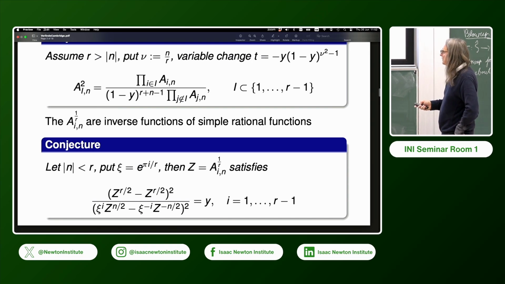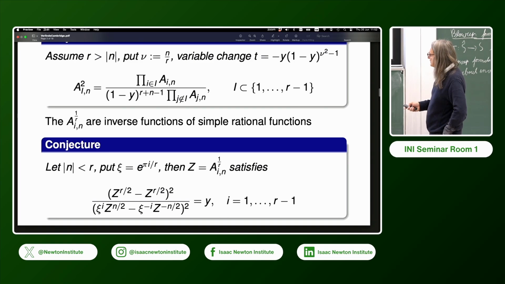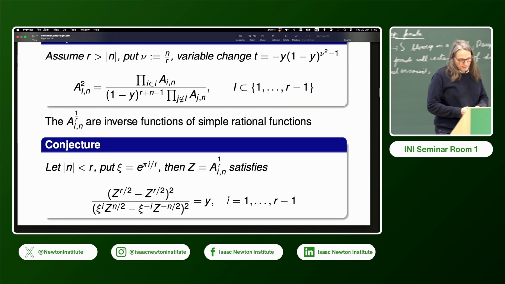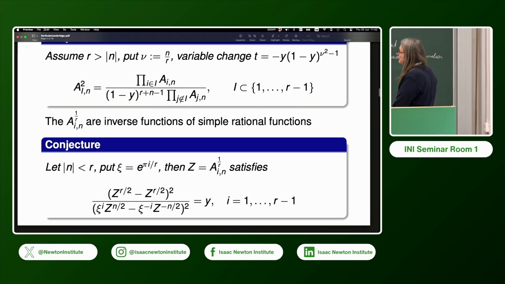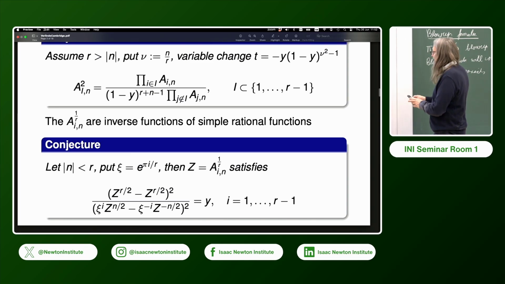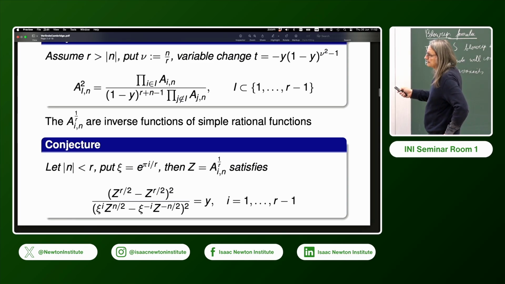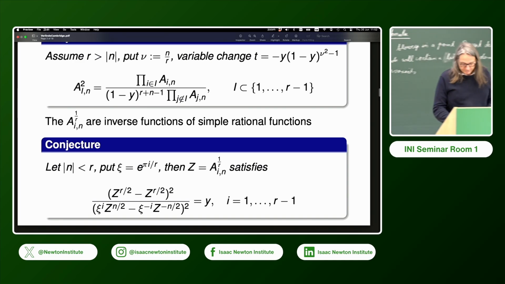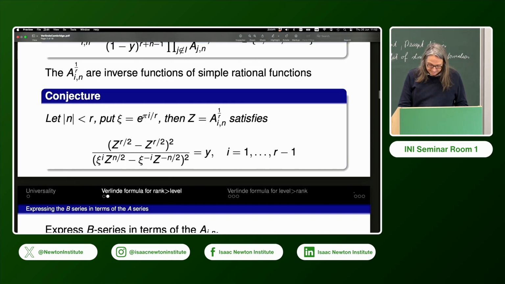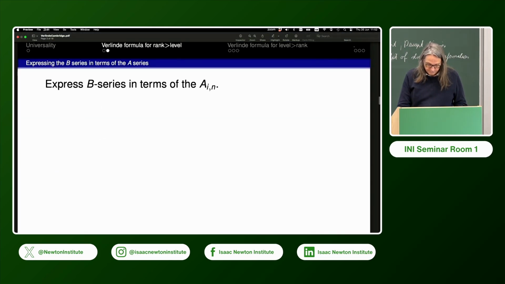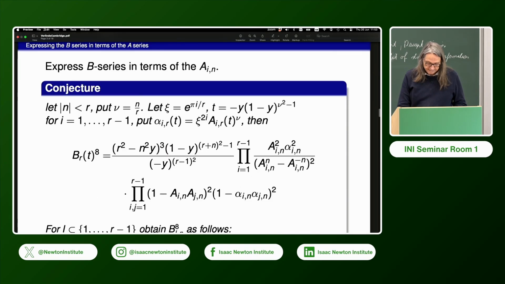It is one branch of the rational function. So it solves this algebraic equation for all I. And then, now as we have been able to express our AIs in terms of these elementary pieces, we can hope that we can do the same with the B's. And this indeed turns out to be the case.